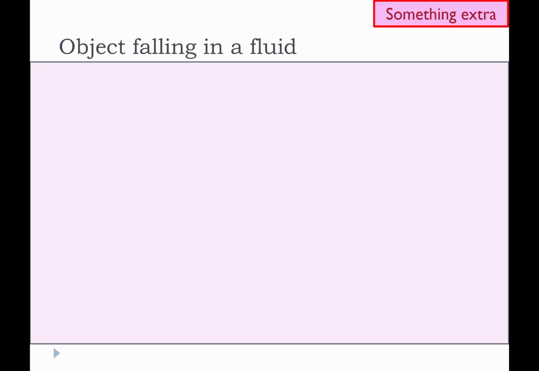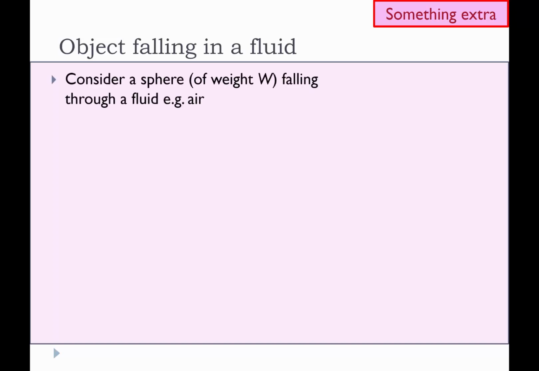So now let us look at how the forces acting on an object change as the object falls through a fluid. Consider a sphere of weight W falling through air, or any fluid for that matter. Initially the weight will be greater than the air resistance.